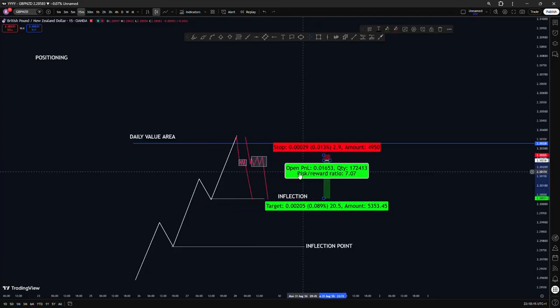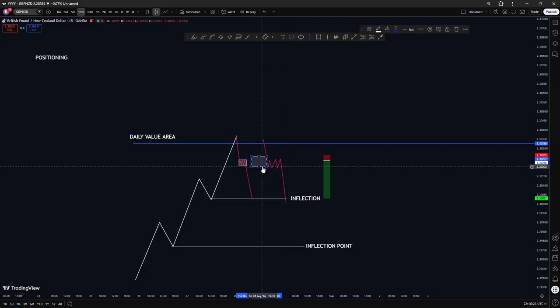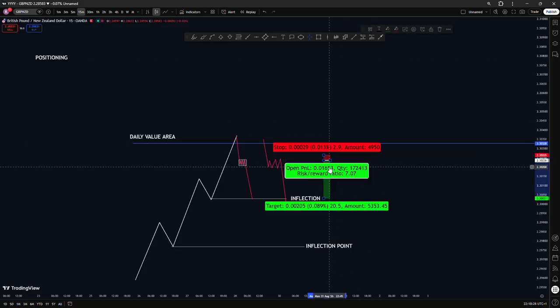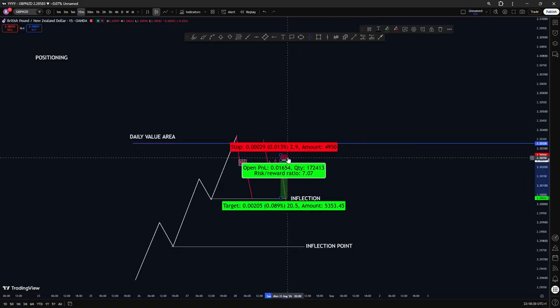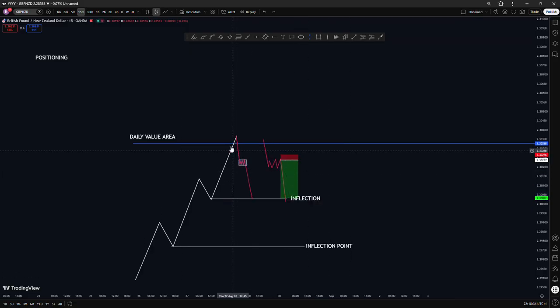So what I'm going to do is push this a little further so we know exactly what we're doing. So I could trade a tight flag to the downside. It has to be tight from here all the way down.